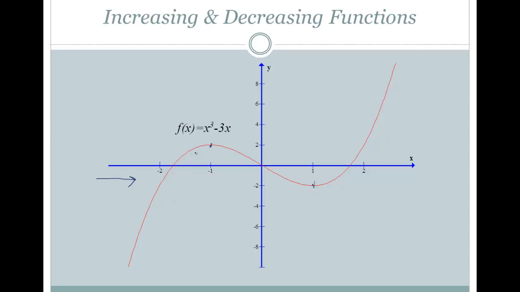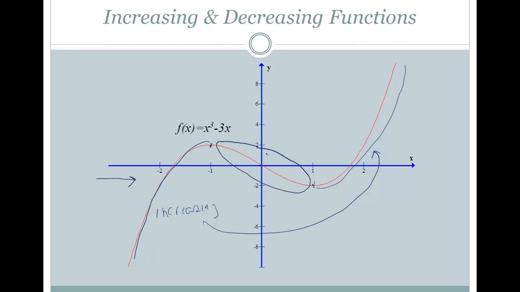So basically on this part of the graph, right there, I'm increasing. Alright? And I'm increasing over here as well. Over there. So I'm increasing right there as well. Over in this part of the graph right there, I'm decreasing.